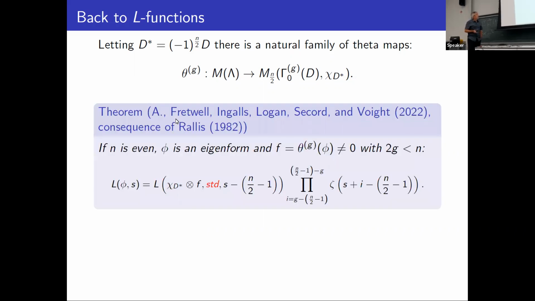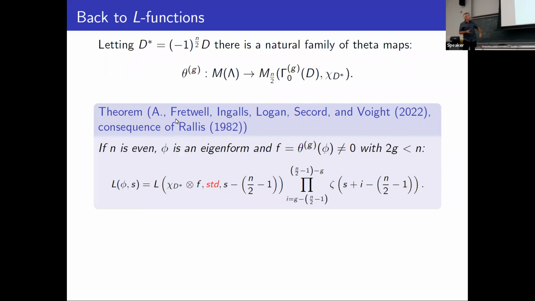It's a consequence of an old theorem of Rallis, but it took us a while to figure that out. It's not spelled out immediately. One can, in general, conclude that if some of these natural theta maps are not vanishing, then there's a relation between the L functions of the Siegel modular form and the orthogonal modular form that we started with.